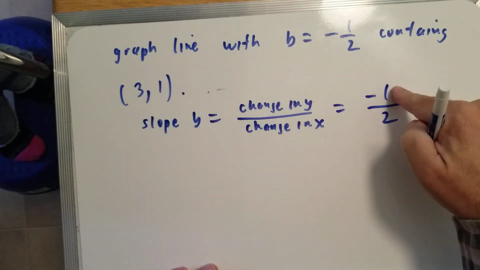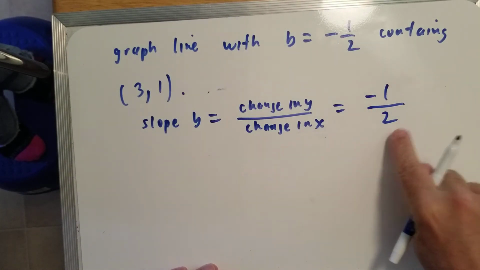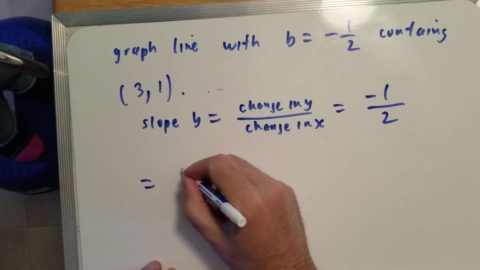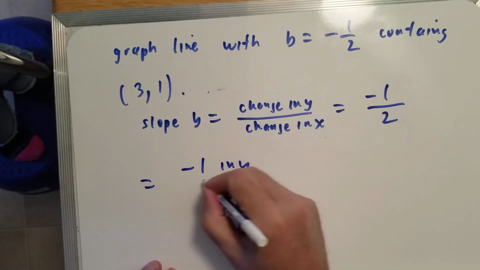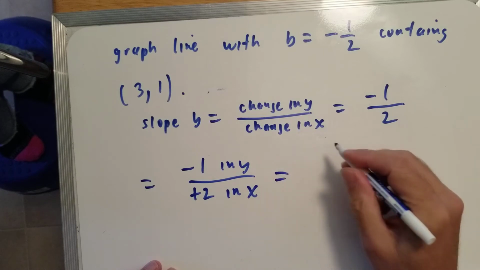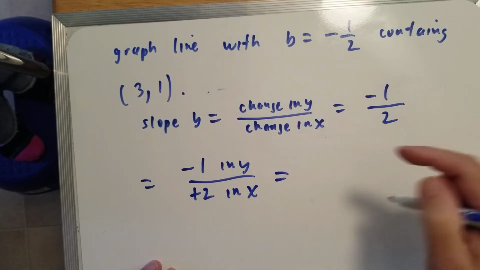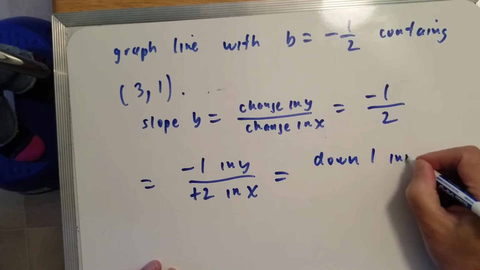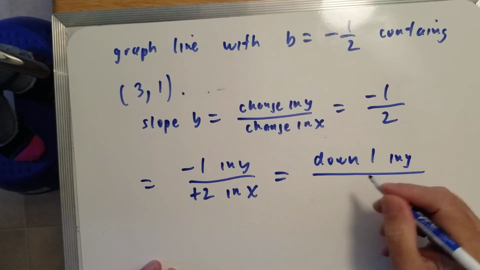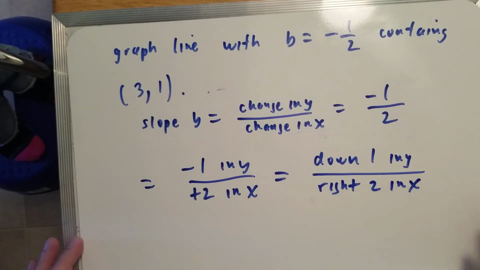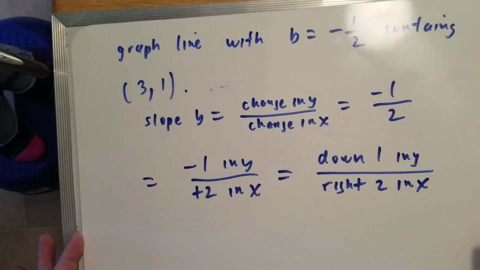I'm going to put the negative sign in the numerator, leave the denominator as positive, so that negative 1 over 2 equals negative 1 in y, positive 2 in x, and that means because the y is negative, we're going to go down 1 in y, and the plus 2 in x means right 2 in x. So with my interpretation of the slope, I can now graph the line.